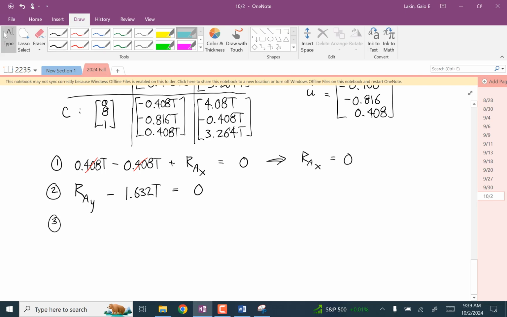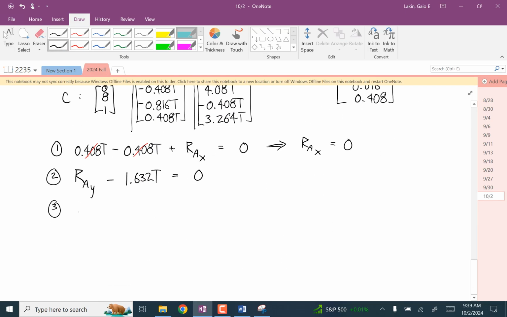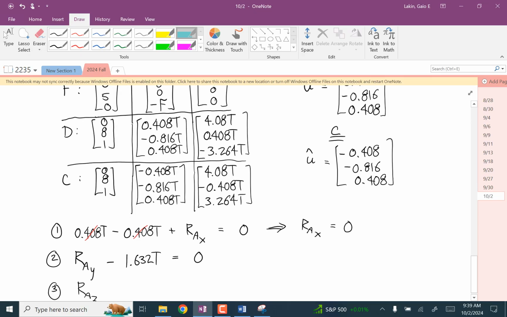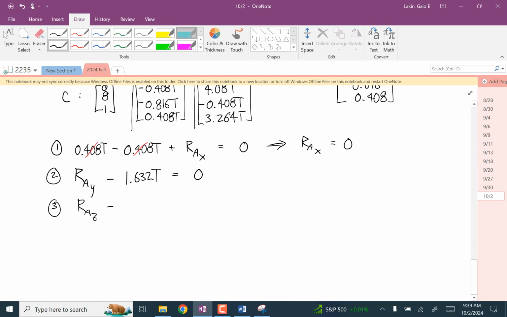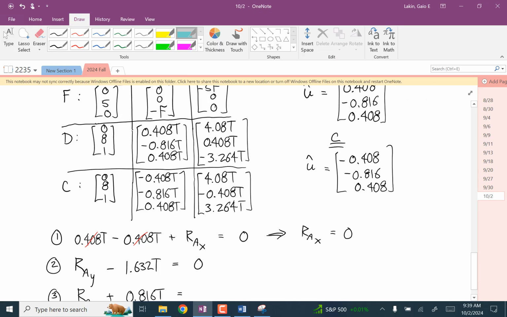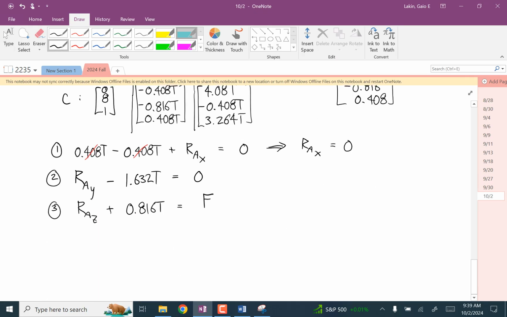The third one says RAZ plus 0.816t, I'm just adding those two together, is equal to, I'm moving the constants over to the other side, and F we're treating like a constant.